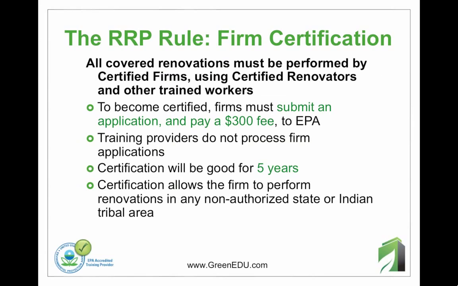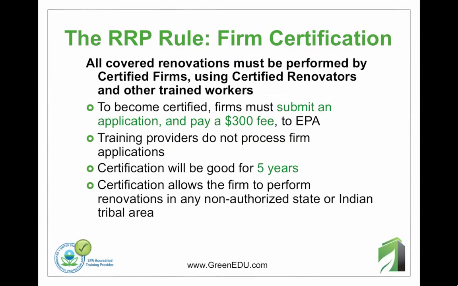So to speak on compliance, the first thing that needs to happen is the company itself has to be certified through the EPA. To become certified, you submit an application and pay a $300 fee directly to the EPA. Now, training providers such as ourselves and the hundreds of training providers across the country, we do not process firm applications. It's between the contractor or that owner of the company and the EPA.